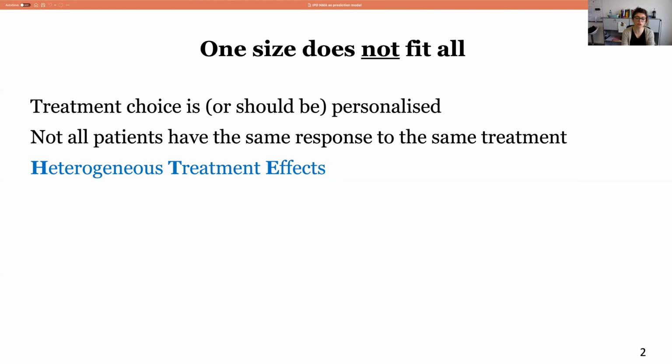But as we move towards personalized medicine, we know and we would like the treatment choices to account for patient characteristics, and it's common ground nowadays in neurology that not all patients have the same response to the same treatment.